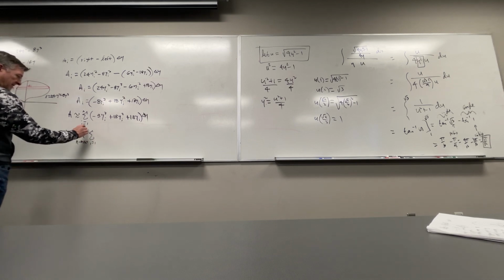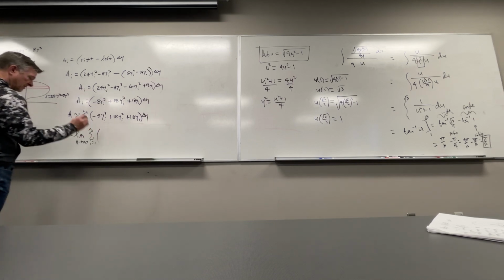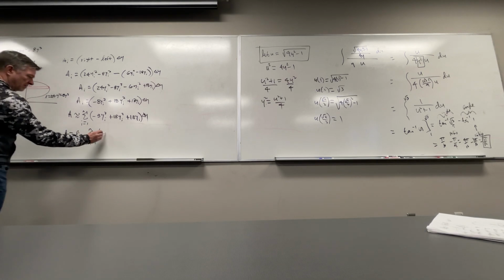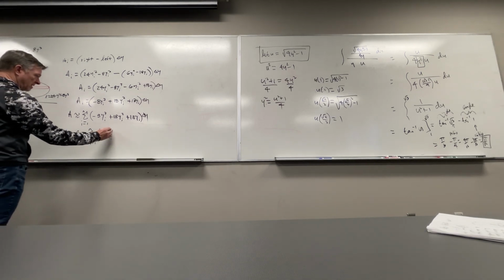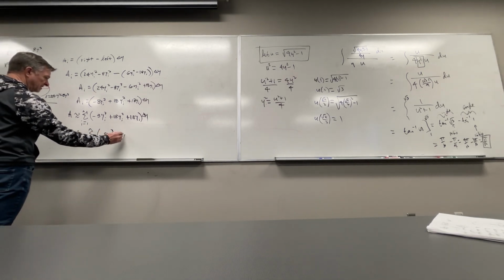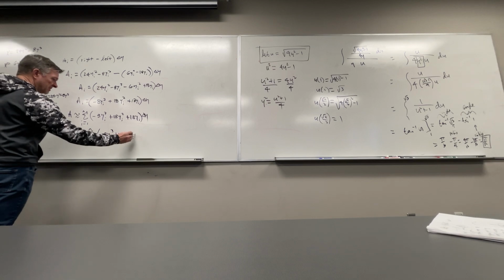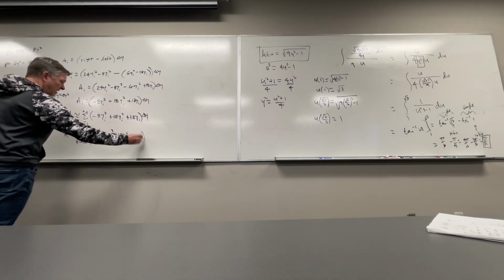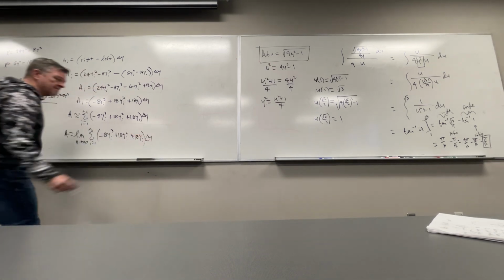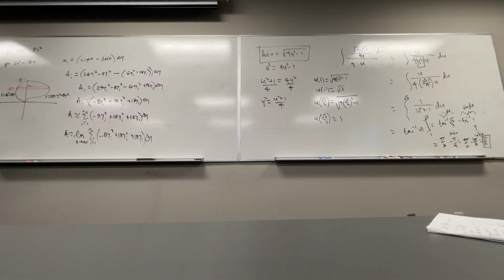and then this sum, 1 to n of minus 8yi cubed plus 18yi squared plus 18yi delta y. And then that we can express as an integral, right?